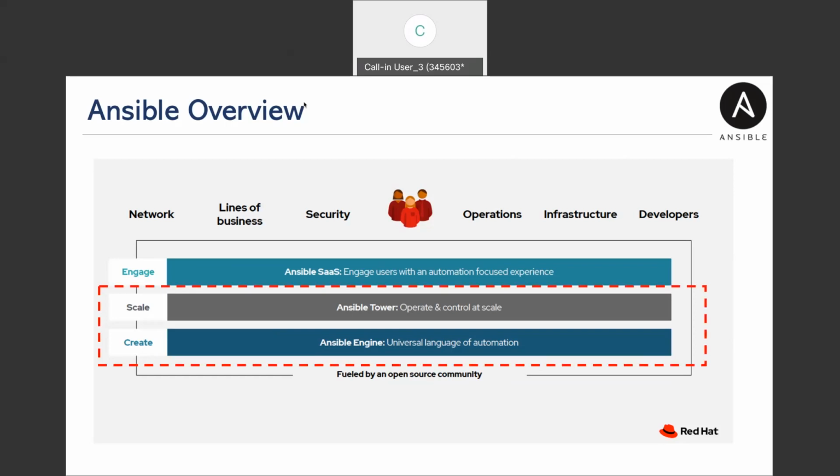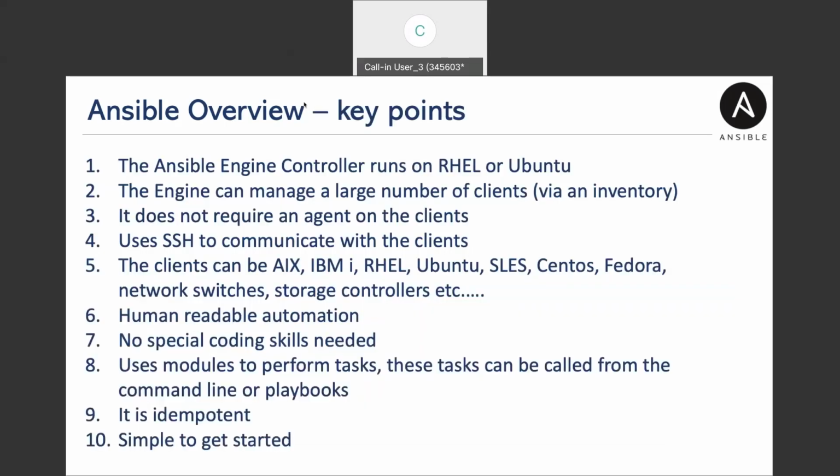So what is Ansible? Key points to remember about Ansible. The Ansible engine, or Ansible controller as some people call it, runs on Linux. It runs mainly on RHEL or Ubuntu. It is open source, so we are able to run it on other flavors of Linux. The engine manages a large number of clients, as you'd expect.